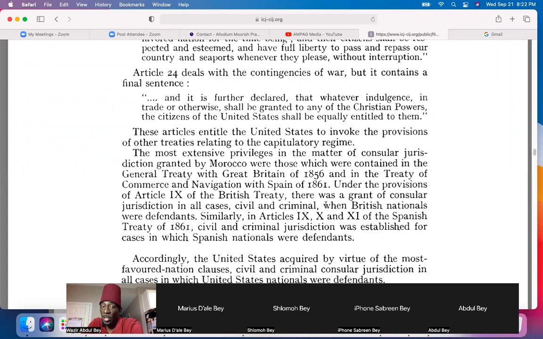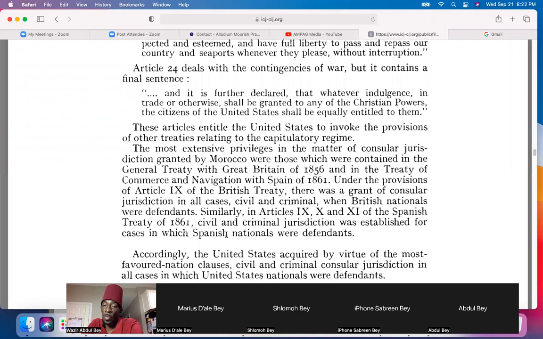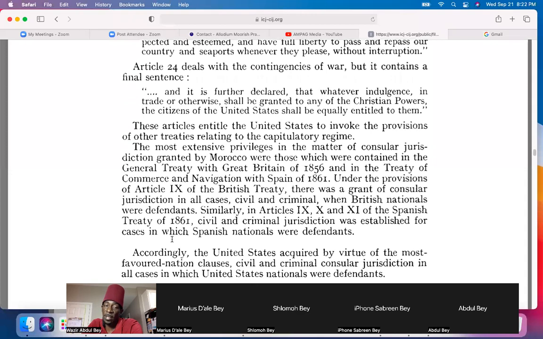Under Article 9 of the British Treaty, there was a grant of consular jurisdiction in all cases, civil and criminal, when British nationals were defendants. Similarly, in Articles 9, 10, and 11 of the Spanish Treaty of 1861, civil and criminal jurisdiction was established for cases in which Spanish nationals were defendants.